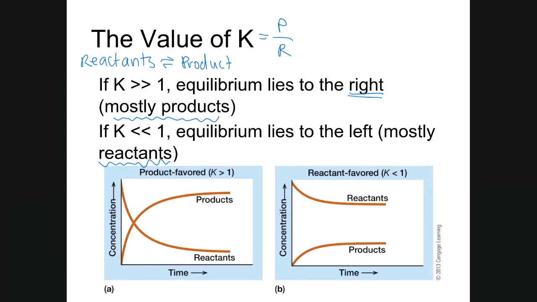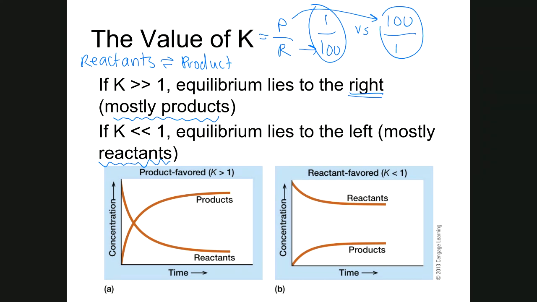Let's say you're doing 1 over 100 versus 100 over 1. 1 over 100 is going to give you a number less than 1, 0.01. And that's when we have a bigger number as our reactants, whereas 100 over 1 gives you a value of 100, which is greater than 1, and that's when we have a bigger value for our products.